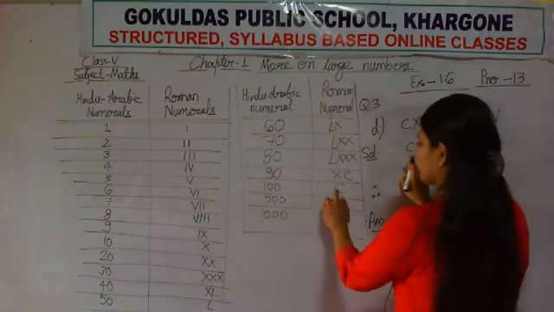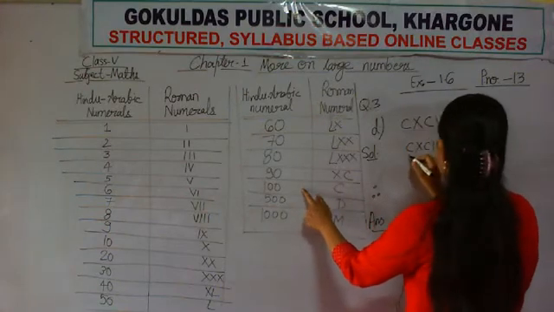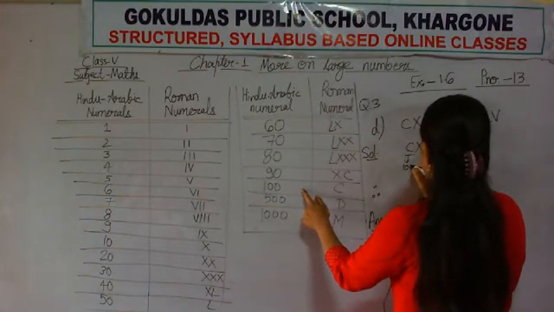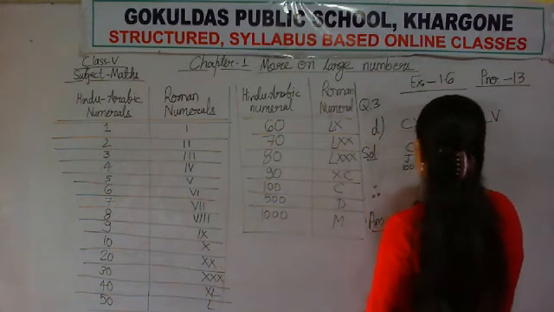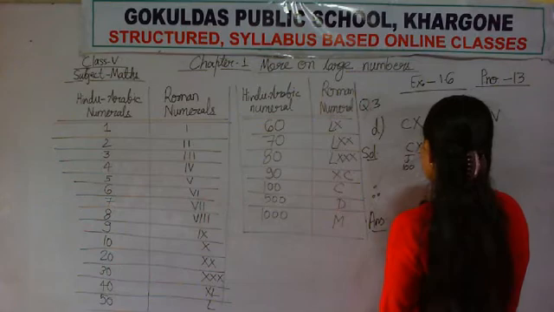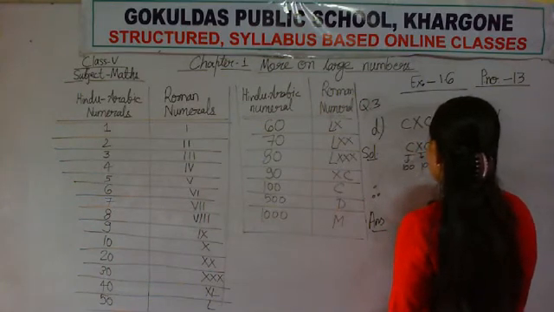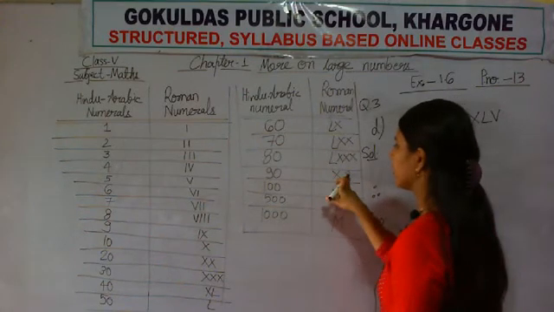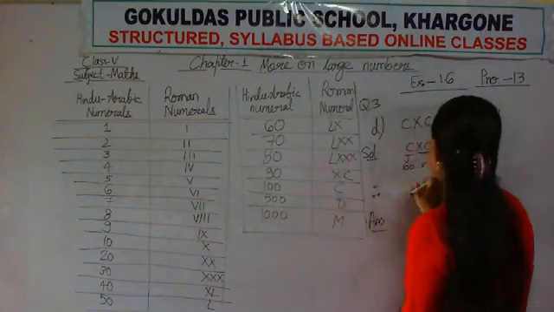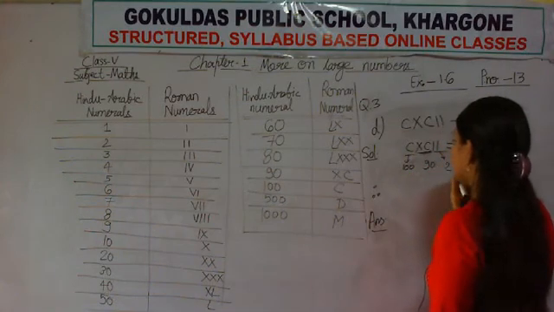C represents 100, X represents 10, again C represents 100 and II represents 2. Or you can observe this XC. XC means what? XC means 90. So you can directly write here 90.